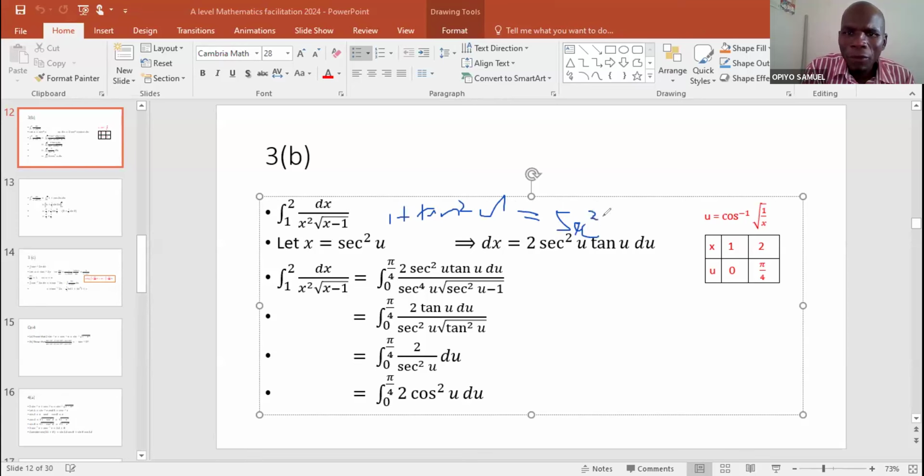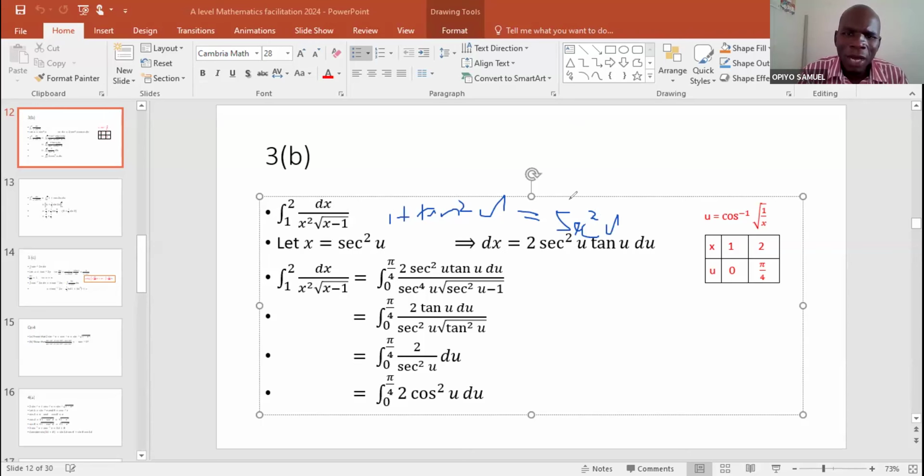So if you make tan squared u the subject, this one goes to the other side. It will be sec squared u minus 1, which is now similar to x minus 1. That's how it comes. Where there is a square root like this, you need to endeavor to remove the square root in order to integrate.